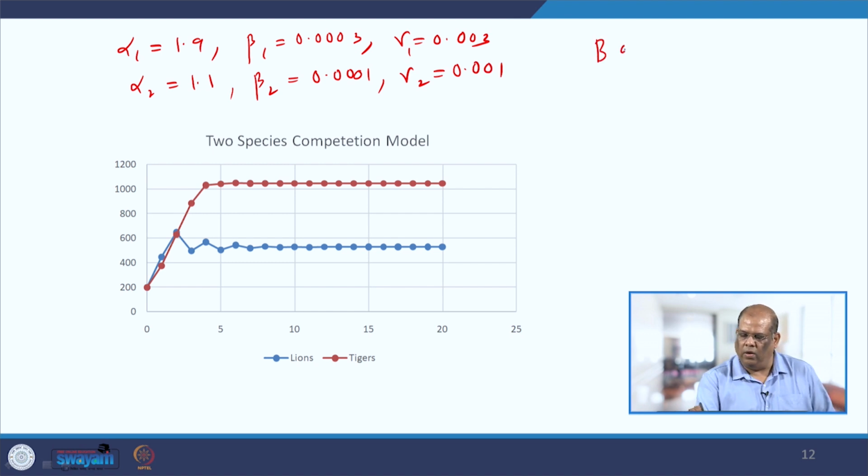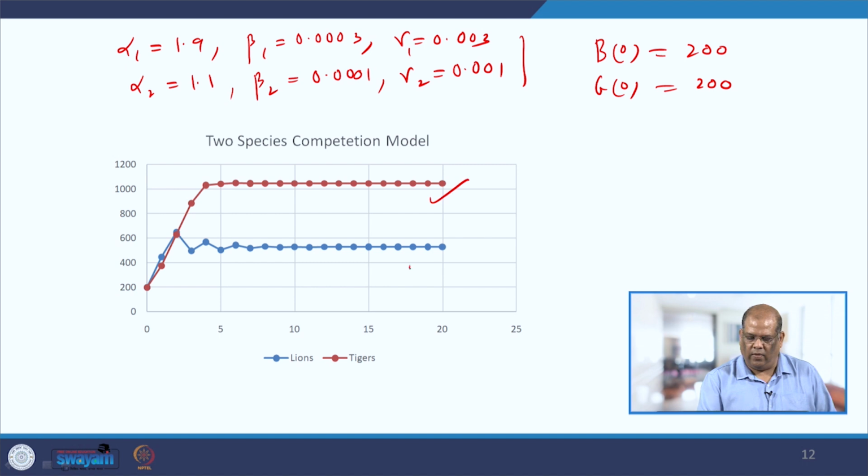The initial values of both lions and tigers are 200 and 200. So, you see that with these parameter values, both the species survive and reach some steady state.